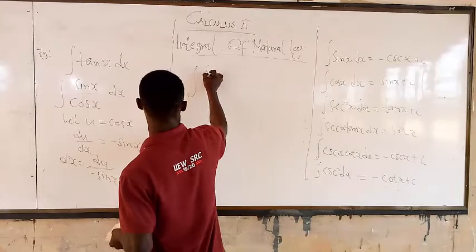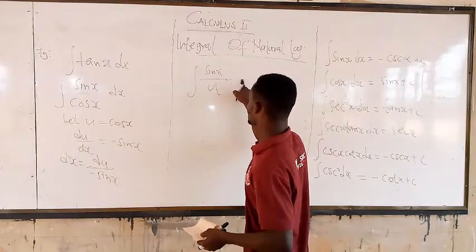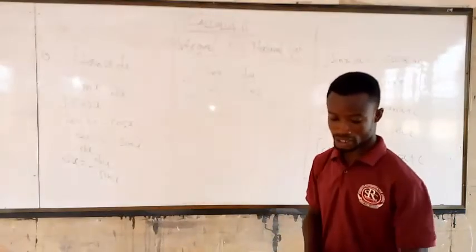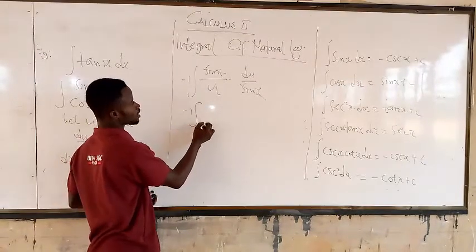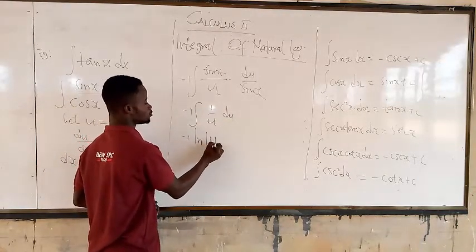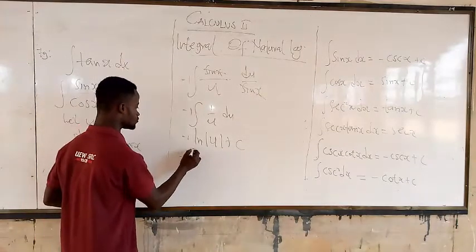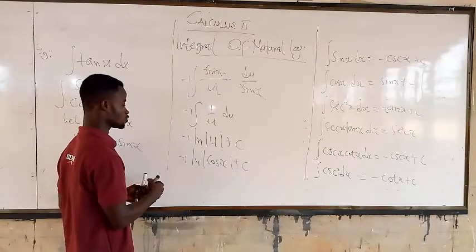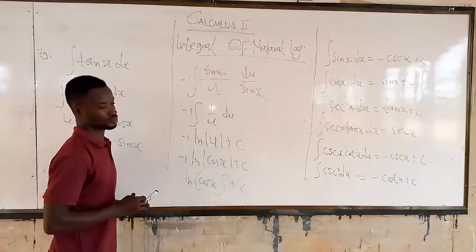So by substitution, we get sin x over u, multiplying by negative du over sin x. So you can see that this will take away this, so negative 1 over u du. And this is just going to give you negative ln u plus c. But u is cos x. So negative ln cos x plus c. Knowing that this negative can go here, ln cos x, and the negative will be here, plus c.